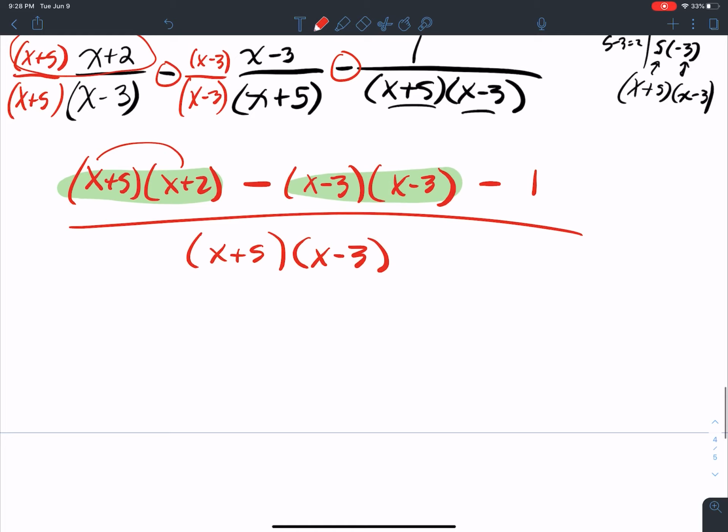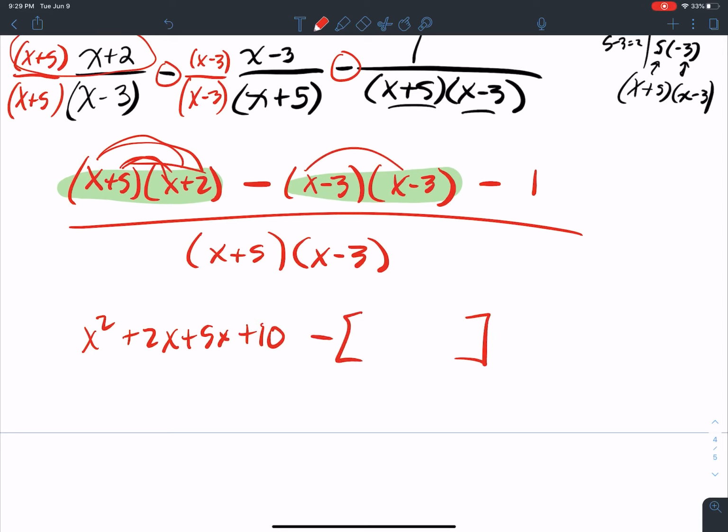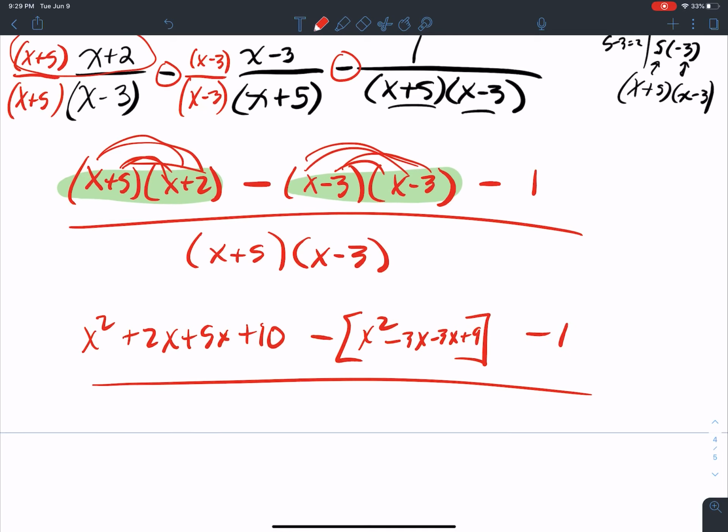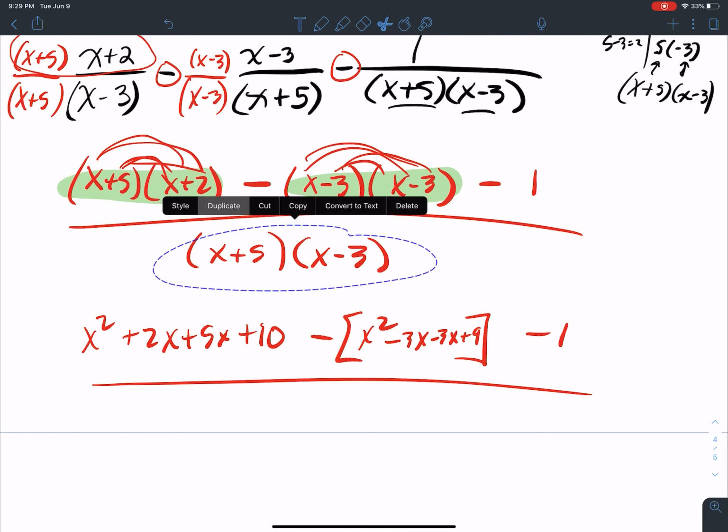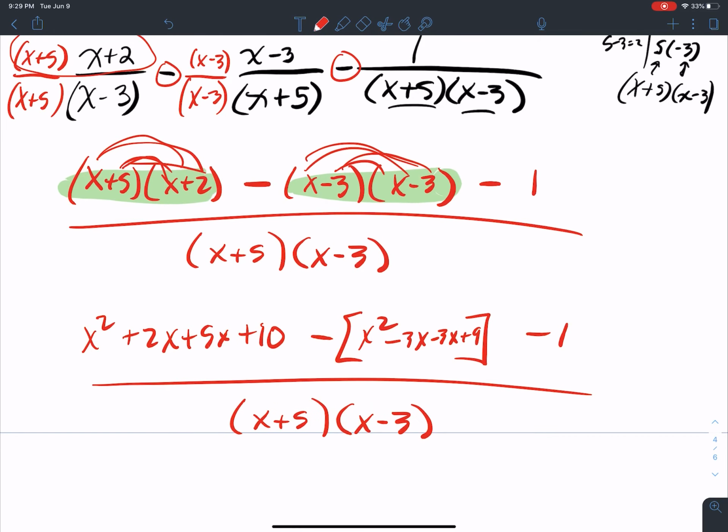So this is going to be x squared plus 2x plus 5x plus 10 minus x squared minus 3x plus 9, and then minus 1 all over x plus 5, x minus 3. Okay?